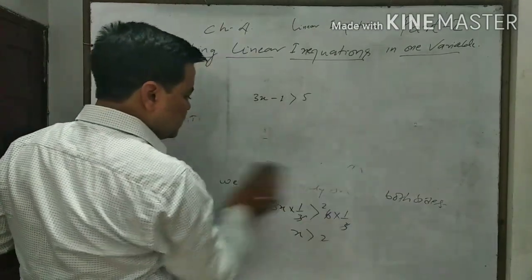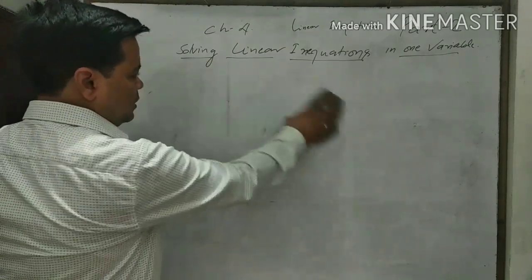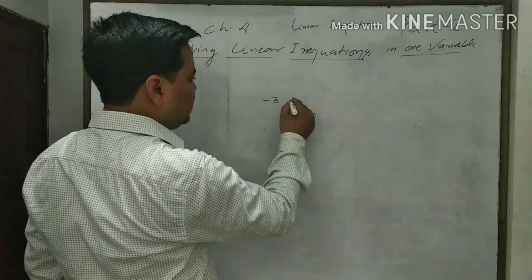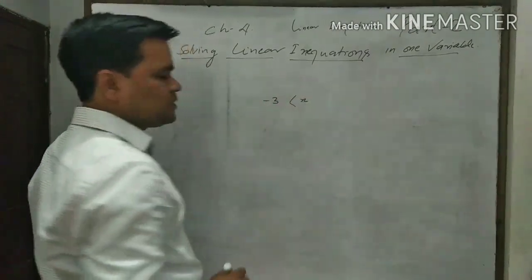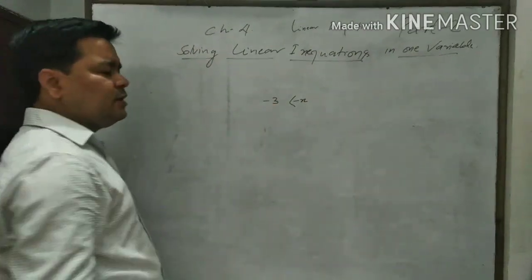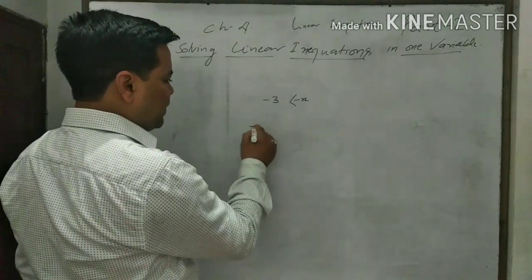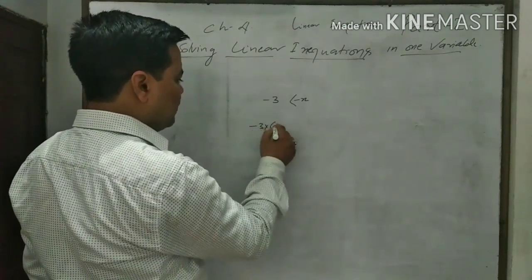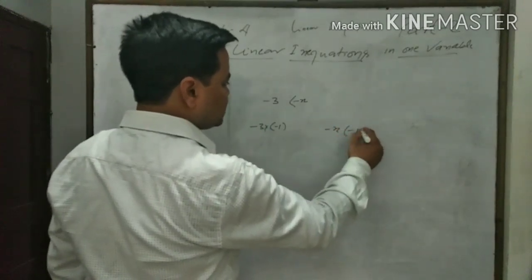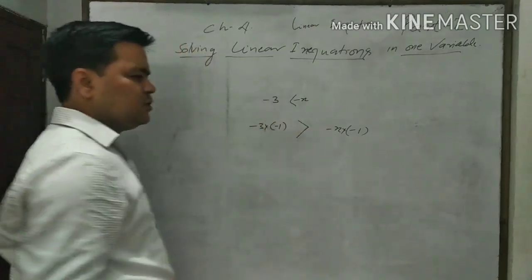Now there is a very important thing regarding inequation, that is if we have minus 3 less than x, or here we can write minus 3 less than minus x. Then if we multiply both sides by the negative sign, just like here minus 3 into minus 1, and here also x into minus 1, multiplying both sides, in that case the sign of the inequation will be changed.